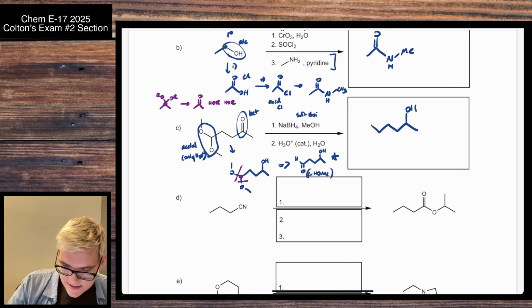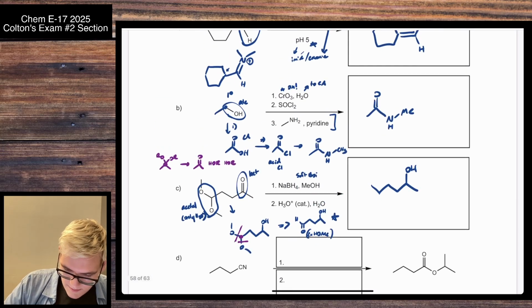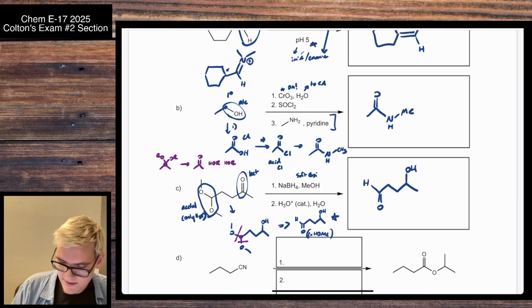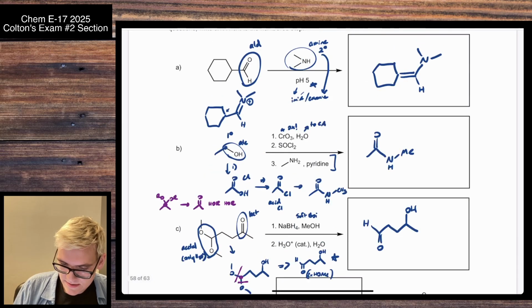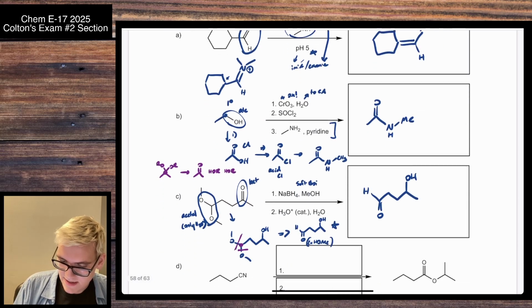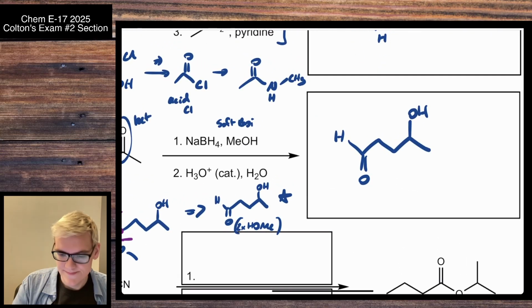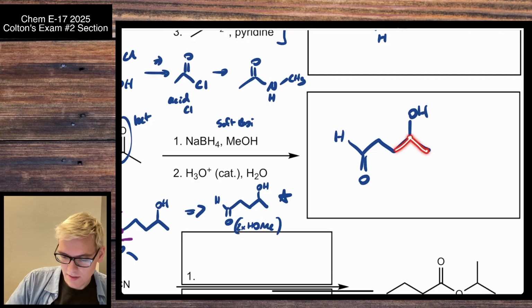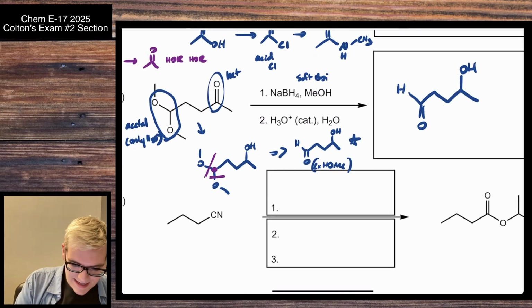But our question says, remember to account for any stereochemistry. And here, do we have any stereochemistry or any stereocenters? Well, this bad boy is attached to a methyl, a long complicated thing, an OH, and an H. And that stereocenter was really created in this step right here.